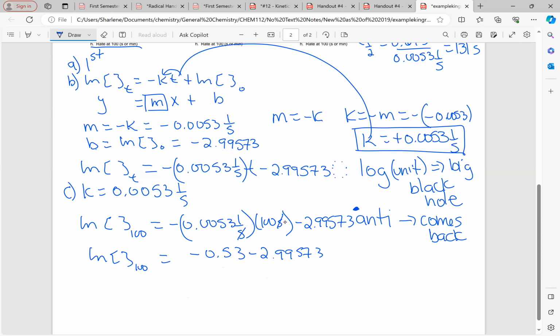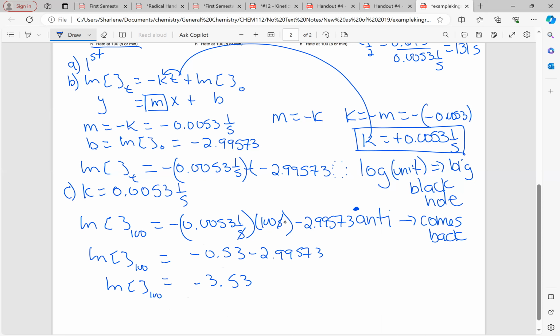Now add those two together. And we get a negative 3.53. Right, not done. The natural log of the concentration at 100 seconds equals that.